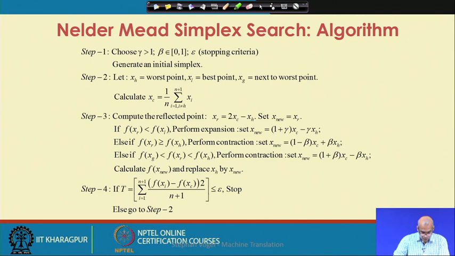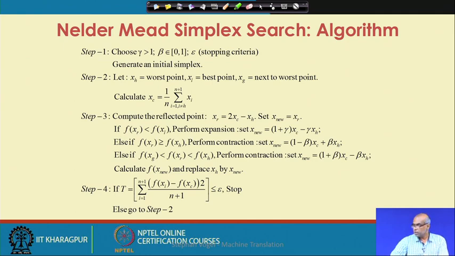So, now considering these operations, I can write down the algorithm as follows. In step 1, it is basically initialization. So, we set gamma greater than 1 for expansion, set beta between 0 and 1, and we consider a stopping criterion.